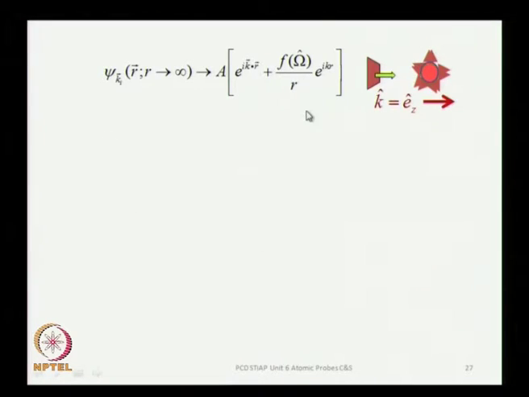The 1 over r takes care of the fact that there is no change in the flux after the scattering takes place, so that whatever flux is emitted in a certain solid angle will be conserved, and that will get reduced as you go farther away, because it is going to meet a solid angle which envelops the scattering region.